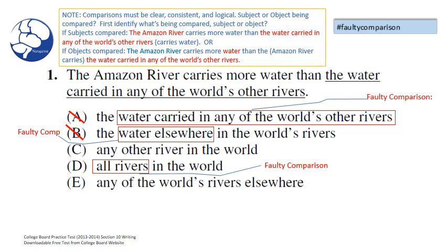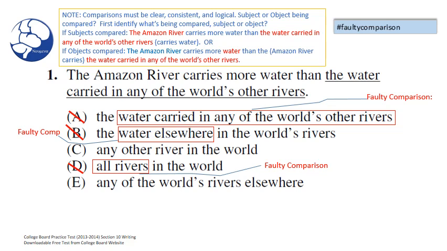So in D, our subject is all rivers. We're not possibly comparing one Amazon River to all rivers in the world. That wouldn't be fair, because clearly all rivers in the world would carry more water than one Amazon River. So D can't be our answer choice because the number is off. So we're going to get rid of D as well.